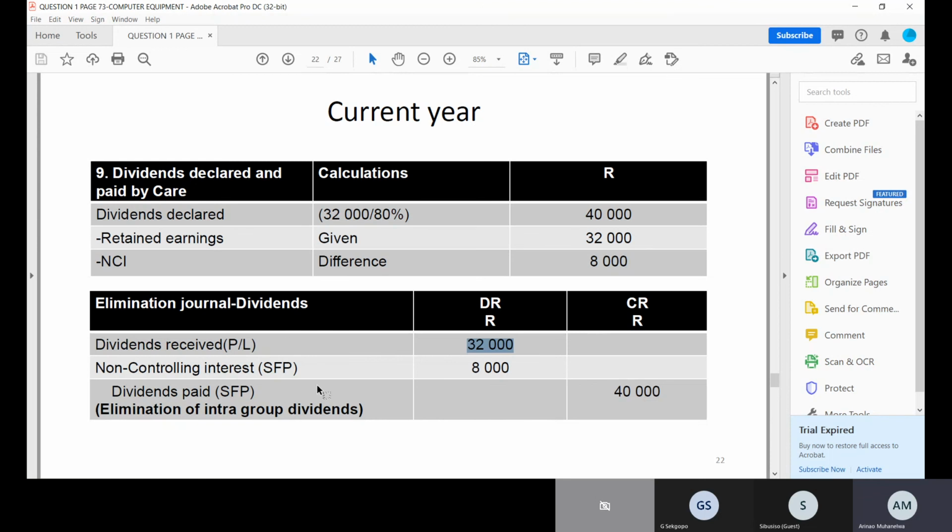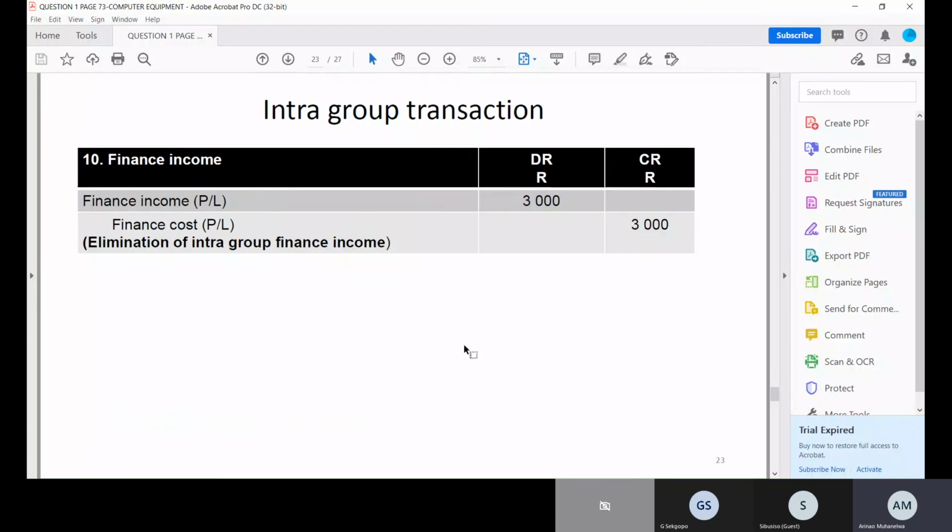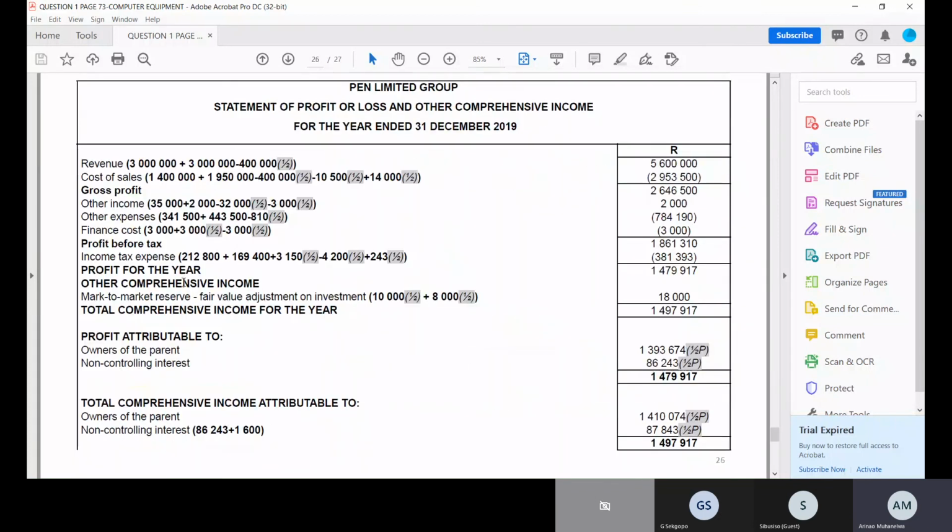I just passed the journal here to indicate that in your statement of profit and loss, your dividend needs to be reduced by 32,000. If I go to other income, I must see 32,000 being reduced because it is dividends. This 3,000 is finance income because it's between the two companies. It must be reduced as well.